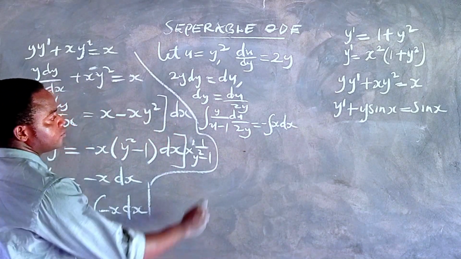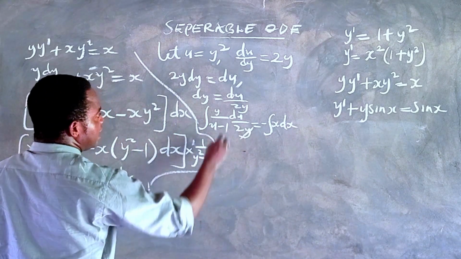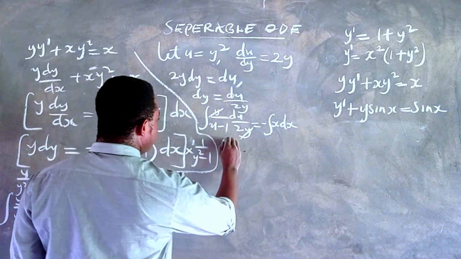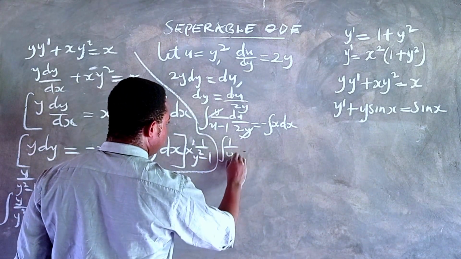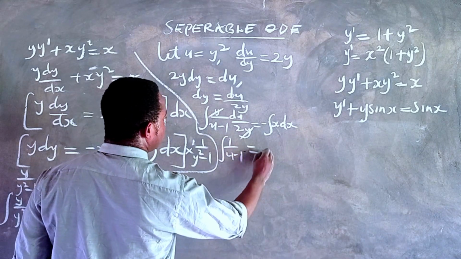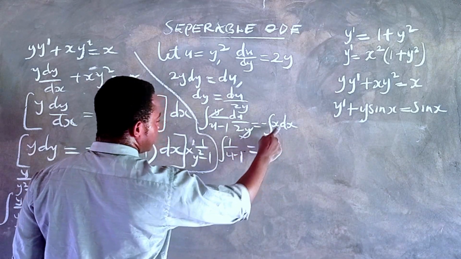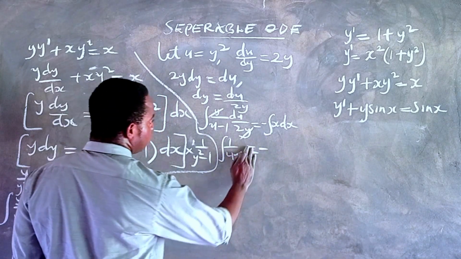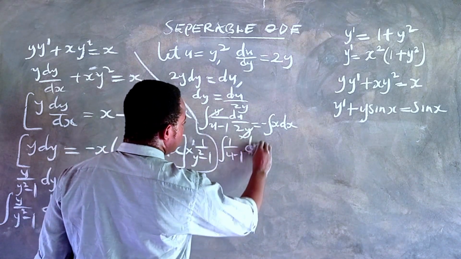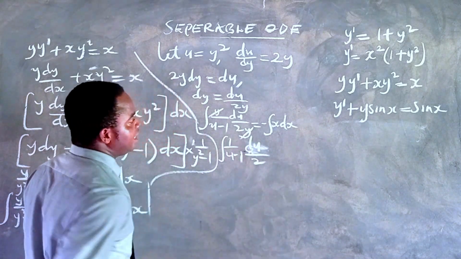You notice here that this y cancels out this y, so what we have left there is the integral of 1 all over u minus 1 multiplied by du all over 2, right?